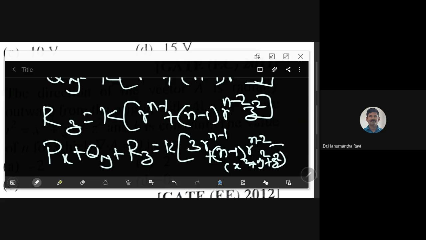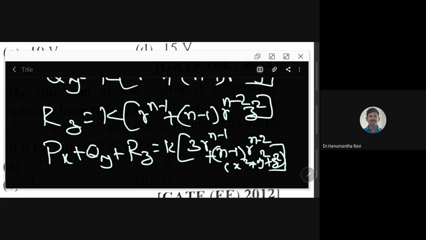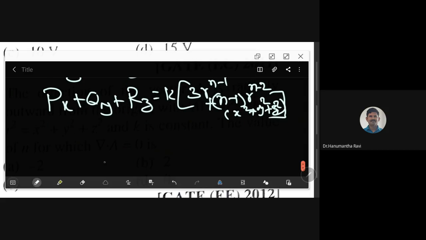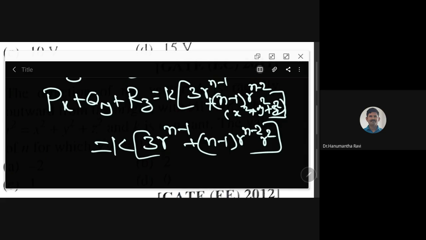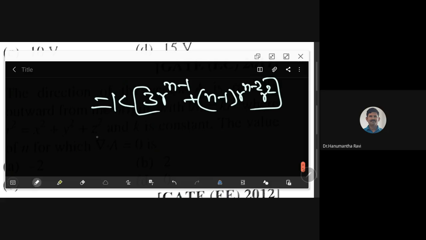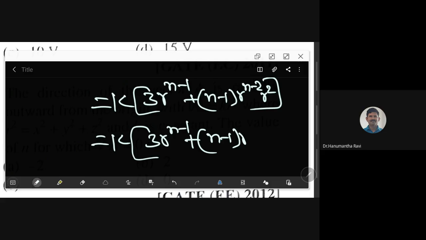We know that x square plus y square plus z square is r square. So this is k into [3 r power n minus 1 plus n minus 1 into r power n minus 2 r square], which results in k into [r power n minus 1 plus n minus 1 r power n].